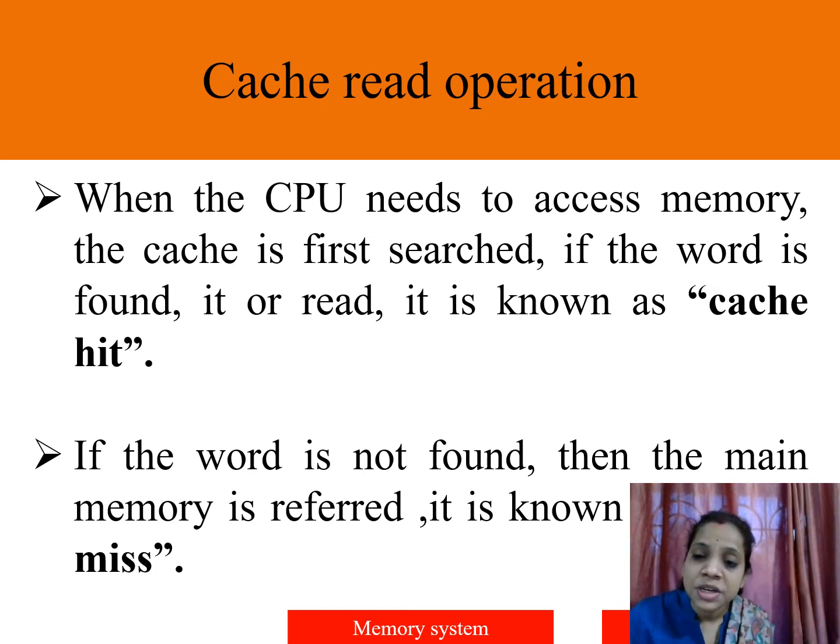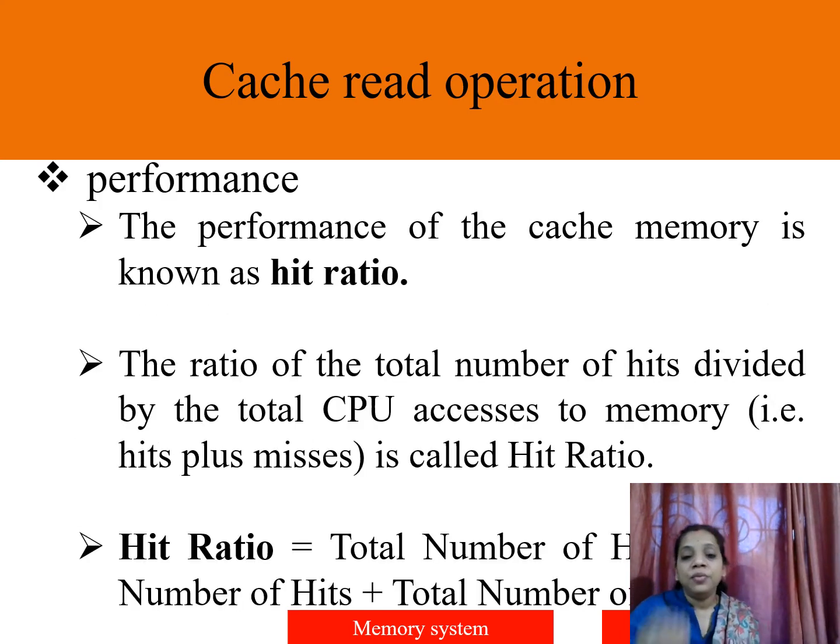So now the question is, if we place a cache memory, then obviously the architecture always wants the cache to be hit all the time. We measure the performance of the cache memory by using a particular term known as hit ratio.